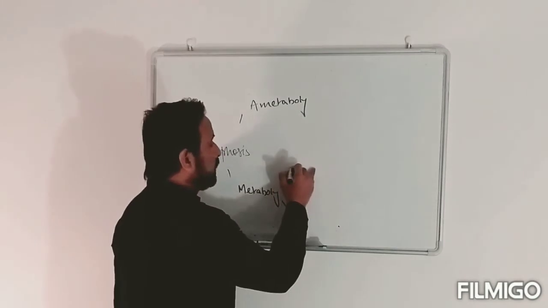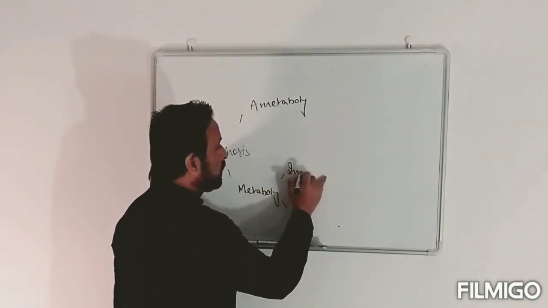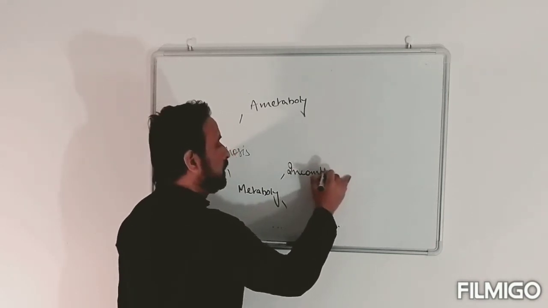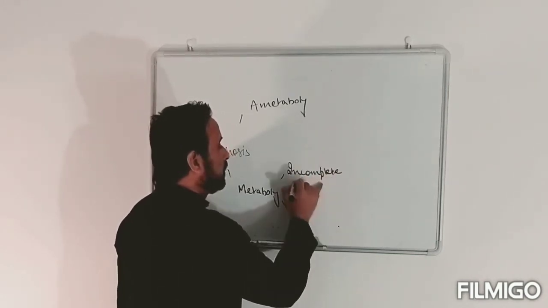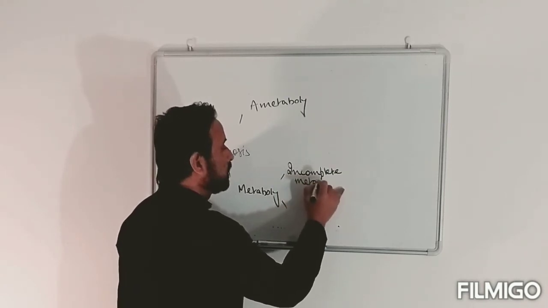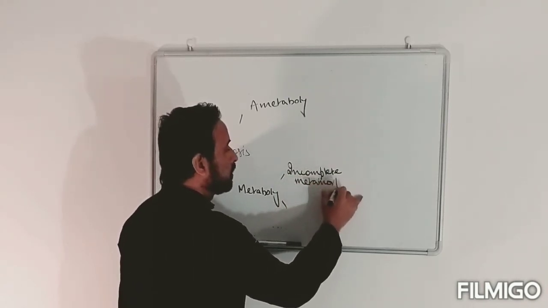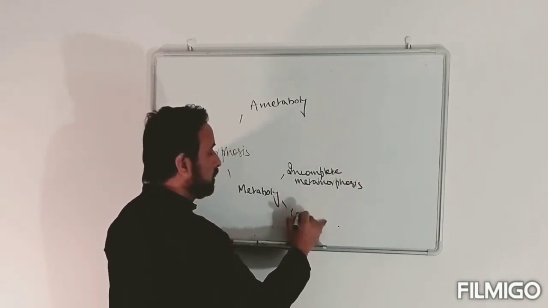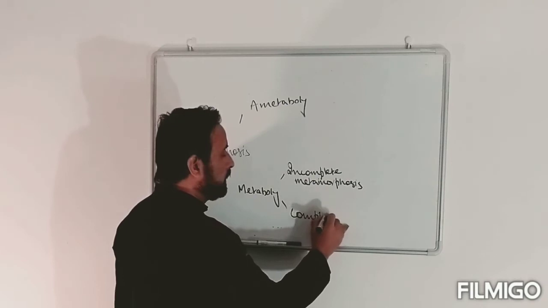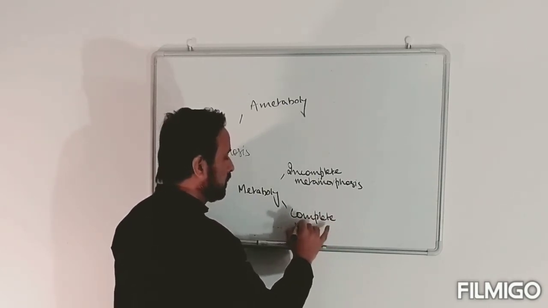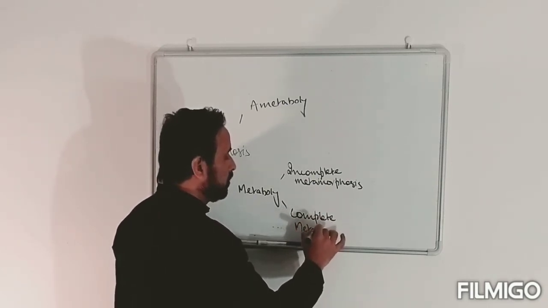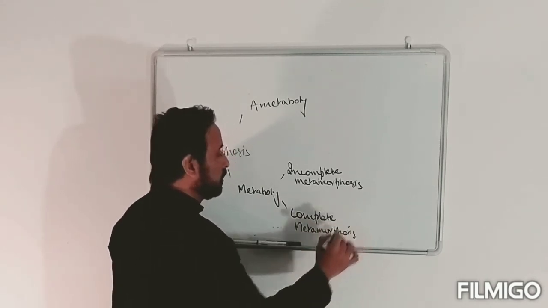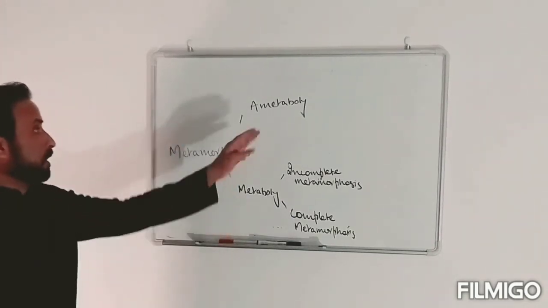One is who show incomplete metamorphosis, and one which shows complete metamorphosis, right? So according to them, they are divided.